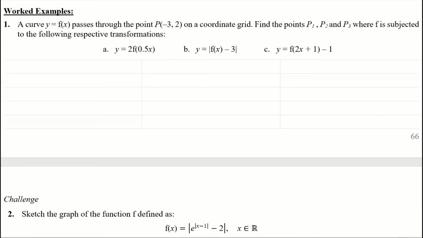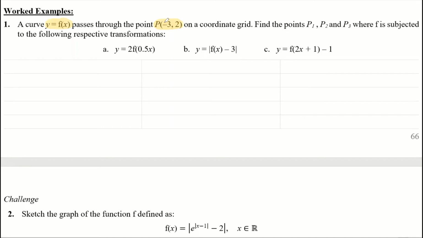We're basically just going to be following a point around once each transformation is applied. And we've got the graph y equals f of x, and the point we're interested in is the point negative 3, 2. And we've got 3 different transformation situations to figure out.